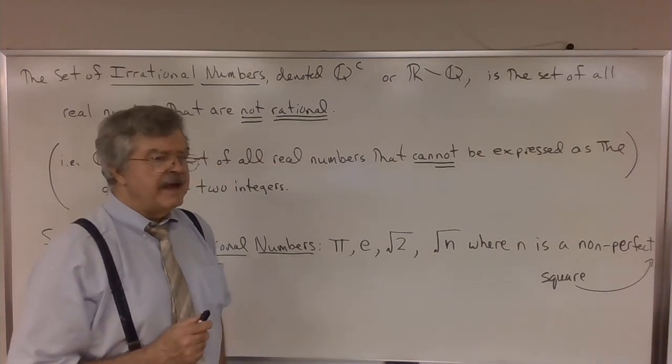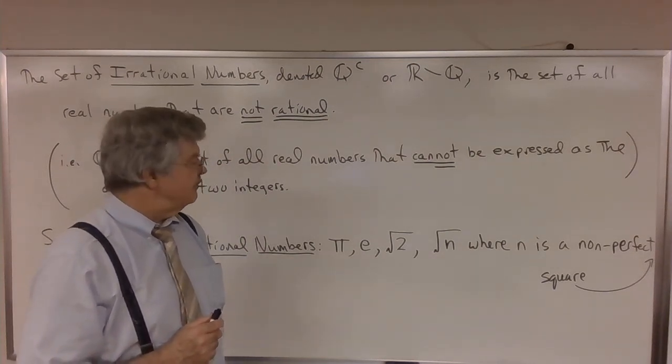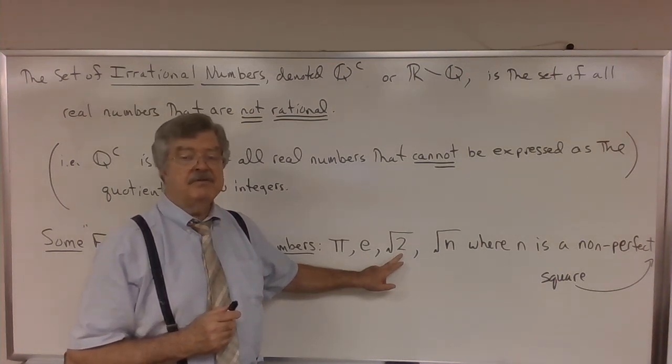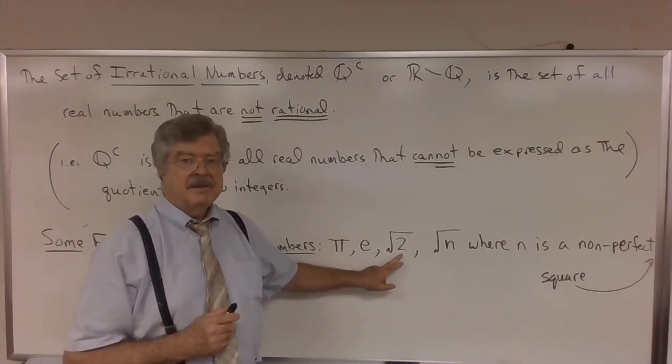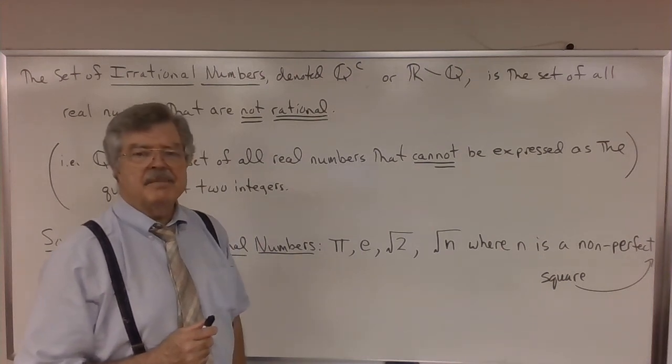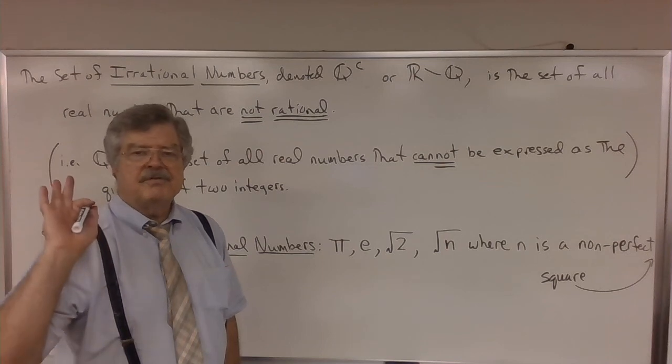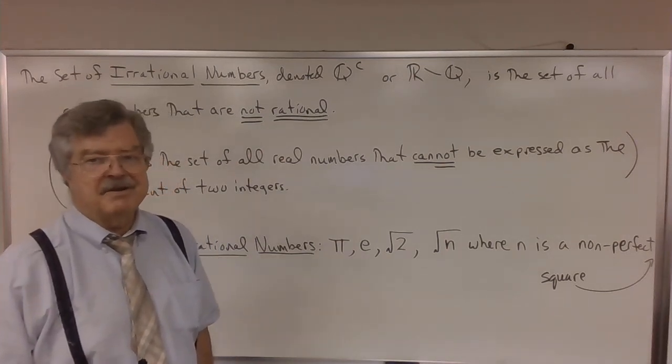We won't prove that. We will accept that as given in this class. We will show that the square root of 2 is irrational, and that's coming up in a couple of minutes. It's a nice proof, and it's a proof that we're all expected to know how to do.